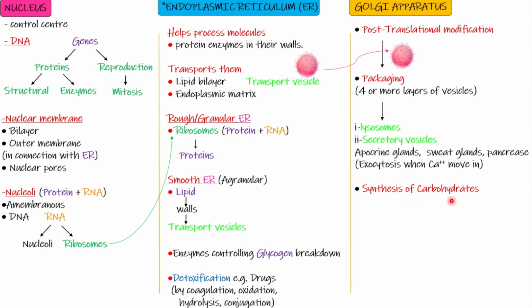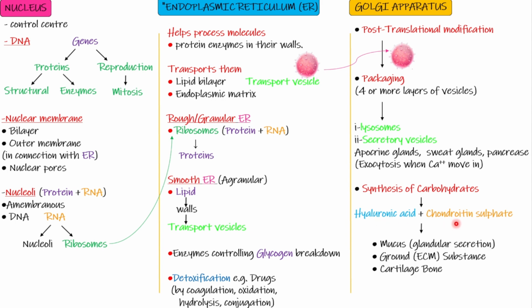Which carbohydrates, to be precise? Hyaluronic acid and chondroitin sulfate. These two collectively form the cartilage, the bone, the ground substance of the extracellular matrix, and the mucus produced in the glandular secretions.